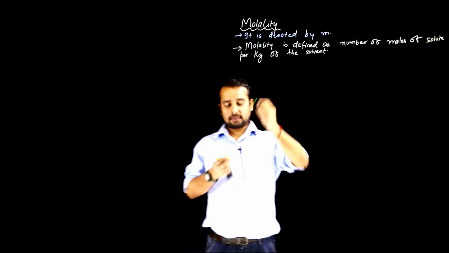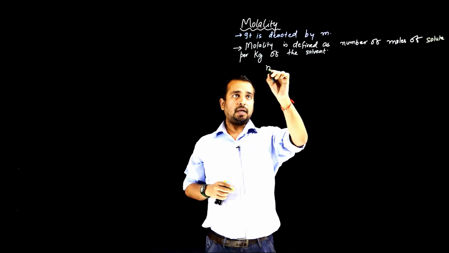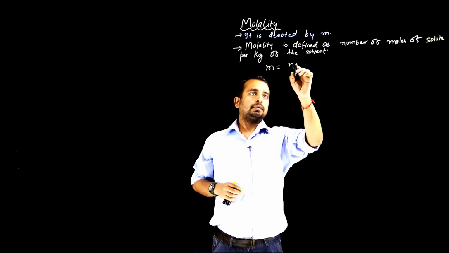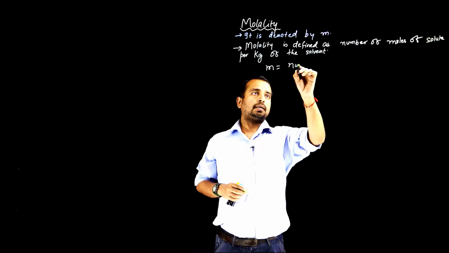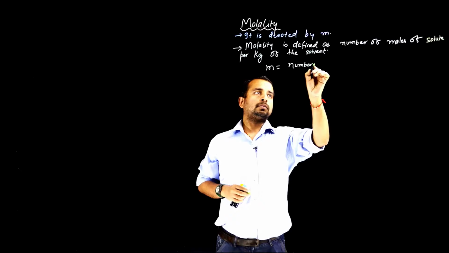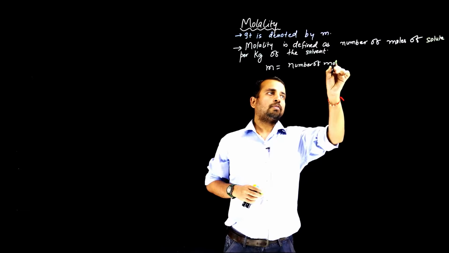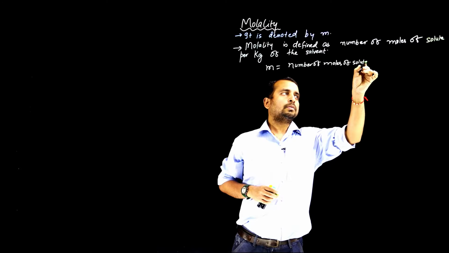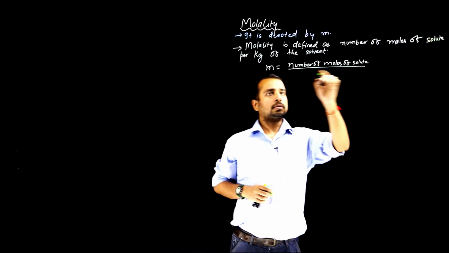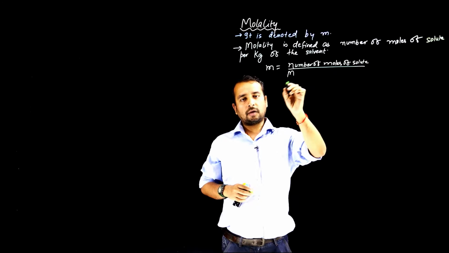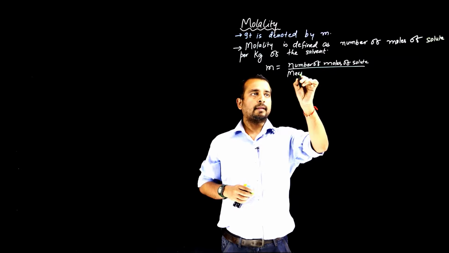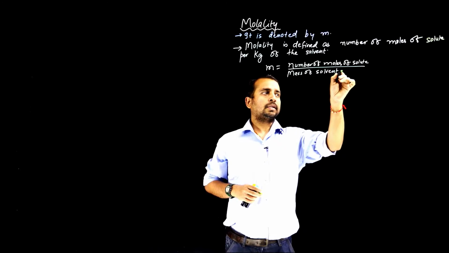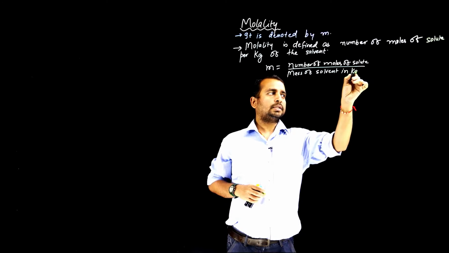So we can write here small m is equal to n, the number of moles of solute, upon the mass of solvent in kg.